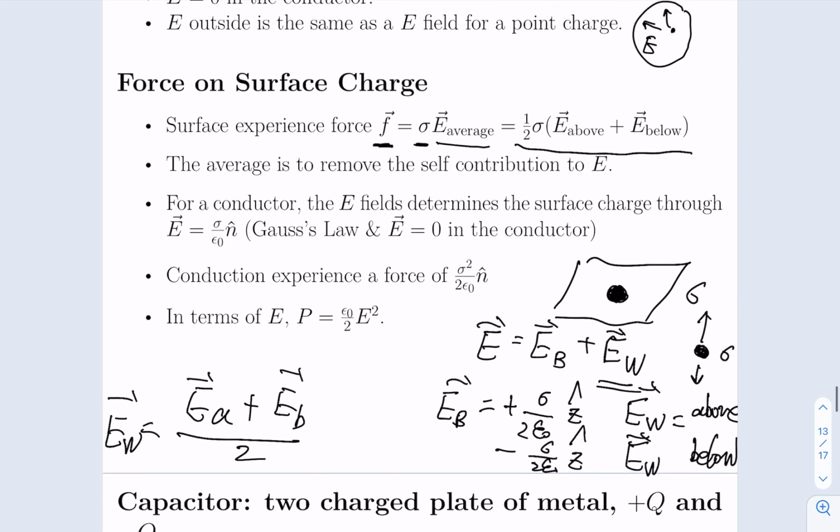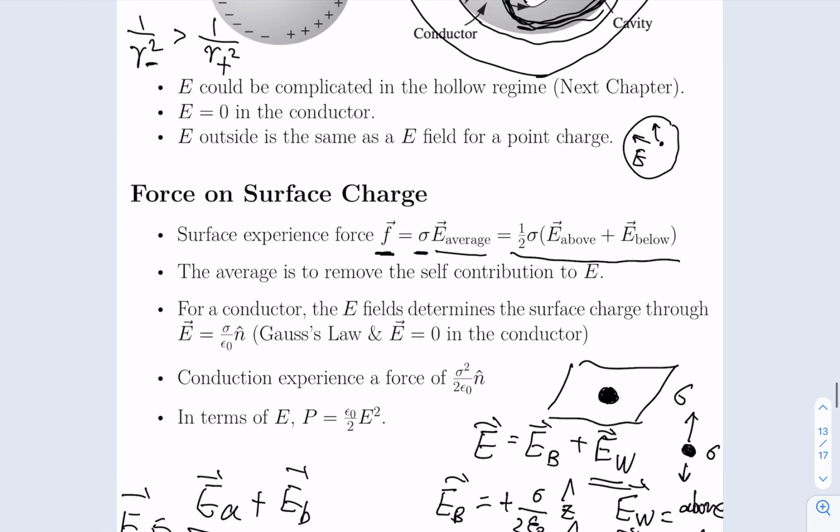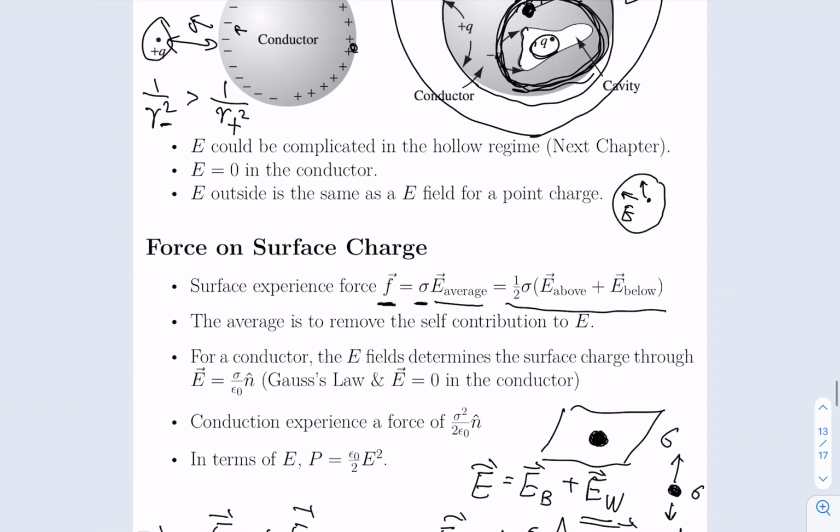Okay, now next, this discussion is about the force on a general surface charge, but what we have here is a conductor, right? And for a conductor, the E field must be proportional to surface charge divided by epsilon naught, and you can simply get that by using Gauss' law and setting the E field inside the conductor to be 0.